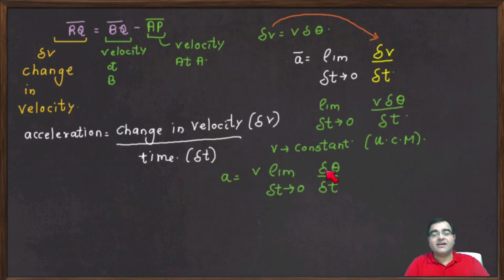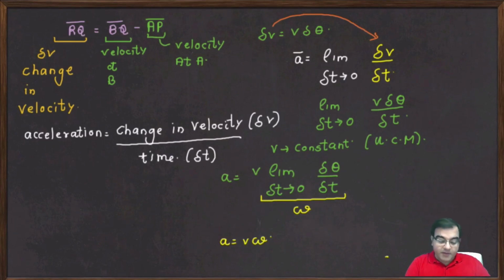Now what is delta theta? Delta theta is the change in angular displacement, and delta t is time. Change in angular displacement upon time is called angular velocity, omega. If you remember the fundamental videos, I told you change in angular displacement upon time is nothing but angular velocity, which is called omega.